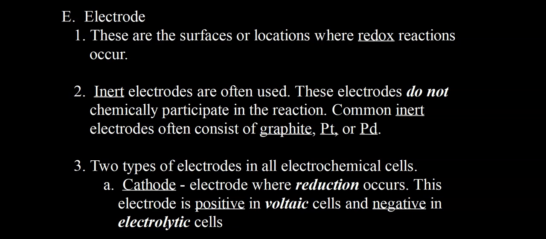Now be careful, it's not necessarily the substance that is being reduced, but it is where reduction is occurring. What's similar in an electrolytic and galvanic cell is that the cathode is the electrode where reduction occurs. What is different about the cathode in an electrolytic and galvanic cell are their charges. So in a galvanic cell, the cathode carries a positive charge, and in an electrolytic cell, the cathode carries a negative charge.